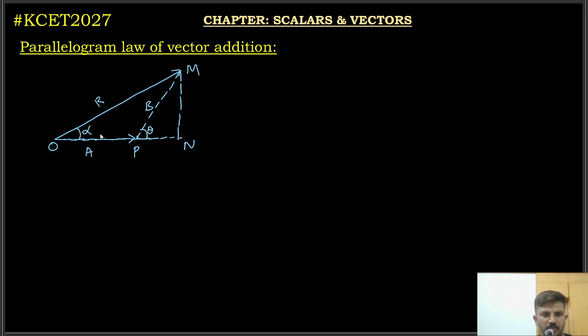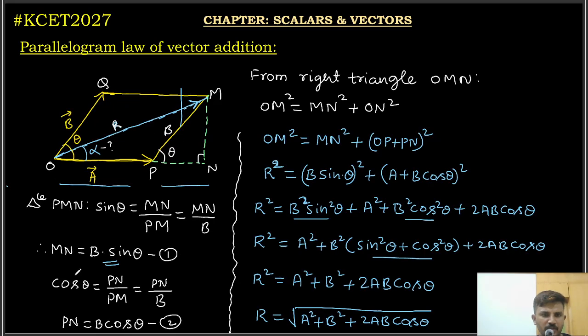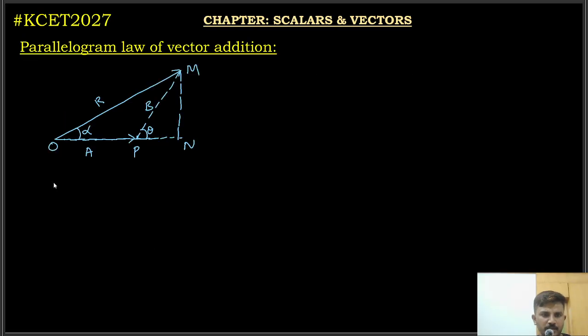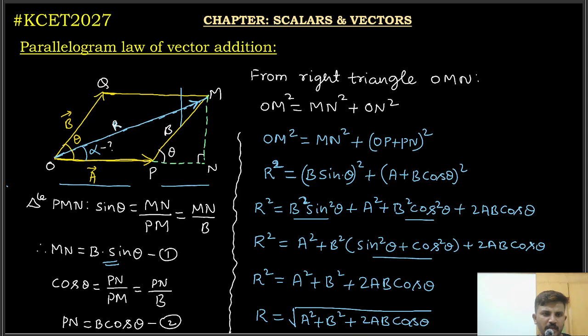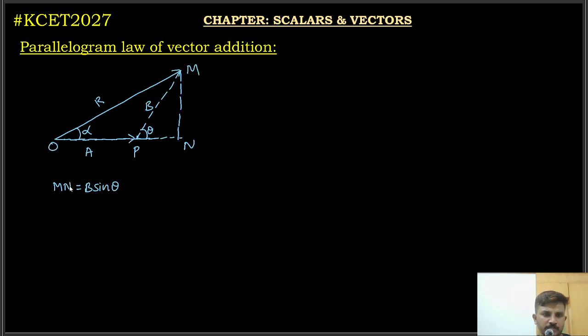This will be alpha. And from equation 1, we have MN is equal to B sin theta. And from equation 2, we have PN is equal to B cos theta. Correct? Now, I need to find out this alpha.